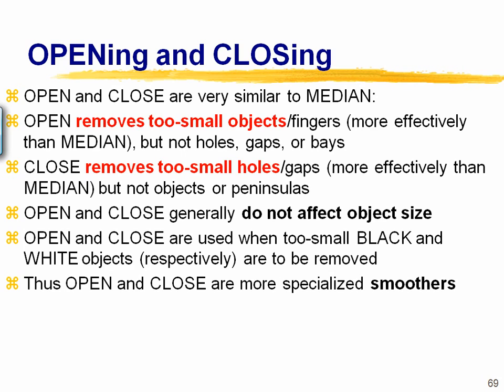Any thoughts? If median has properties that are similar to an open and close, why should we define open close operations? Why not just use median, because it's equivalent, or at least gives us similar effects, right? More effective in what way? And that it does some of the properties of the median, but not all.